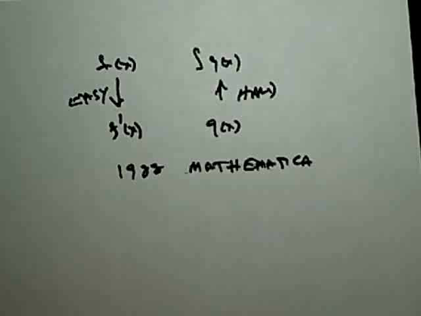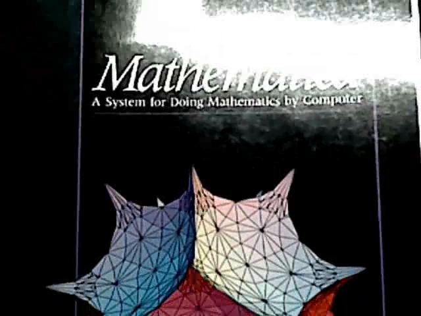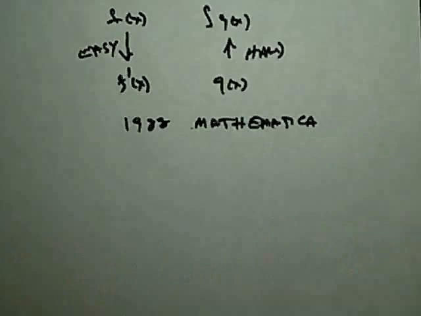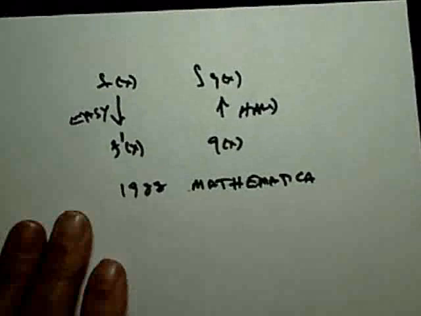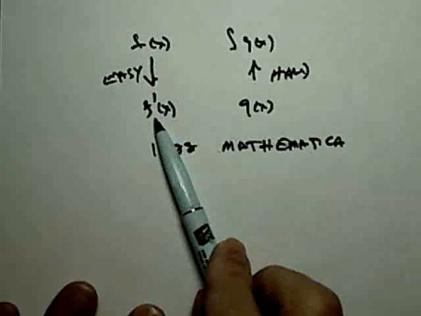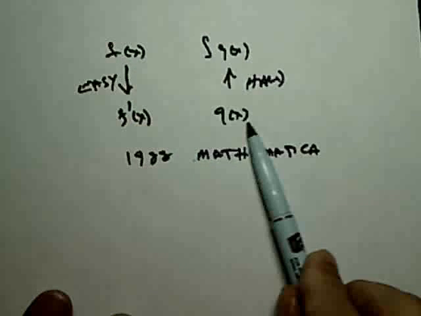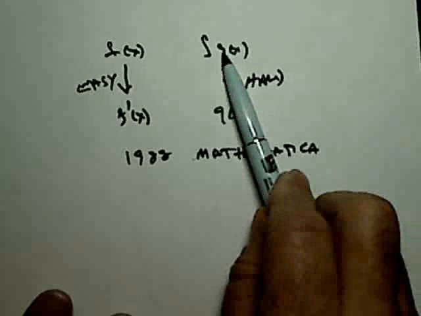And this is just an example of one of the books I've had that's been around quite a while on Mathematica. And this is all about using Mathematica to do all kinds of math problems. But in particular, if you plug a function into Mathematica, it will immediately give you the derivative. And what is even more impressive to me, if you plug a function in, it will give you the antiderivative.